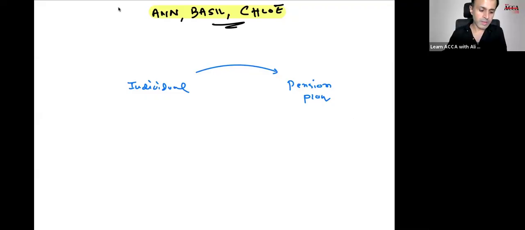Okay, so when an individual participates in a scheme, maybe the scheme is an occupational pension scheme or a PPS, both are registered pension plans. OPS, I can use the word registered.